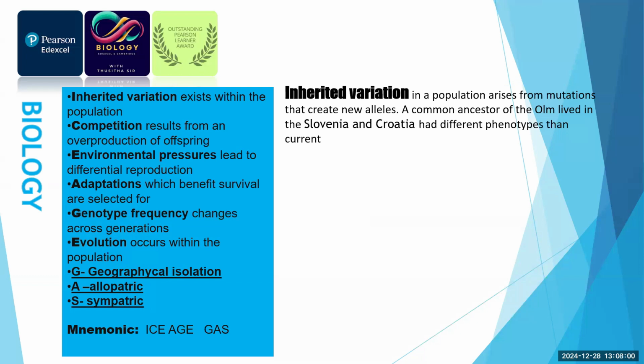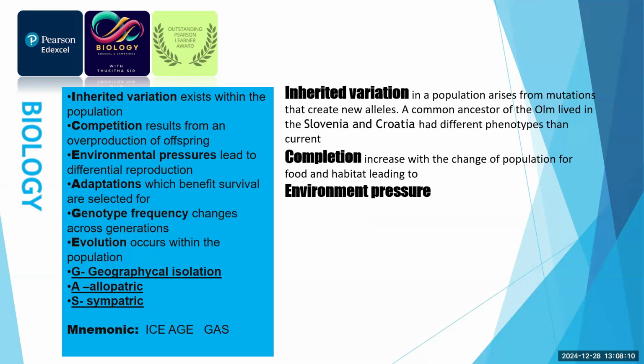When they had different phenotypes, a phenotype may not be advantageous when the environment changes. As we always know, the population increases and the environment changes, and there's competition for food and habitat, then it creates environmental pressure.